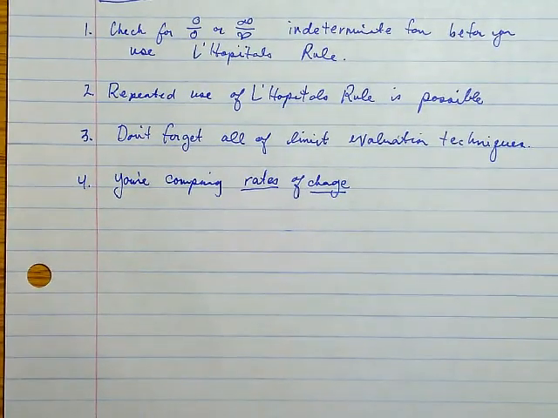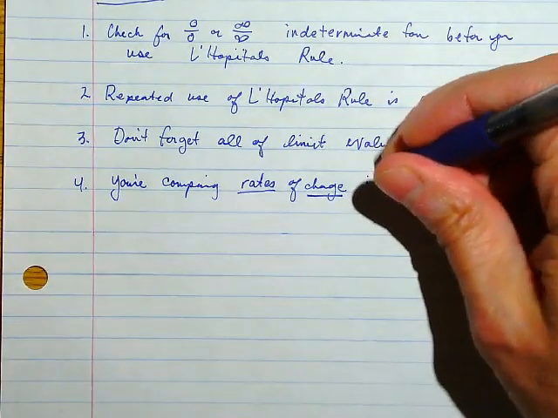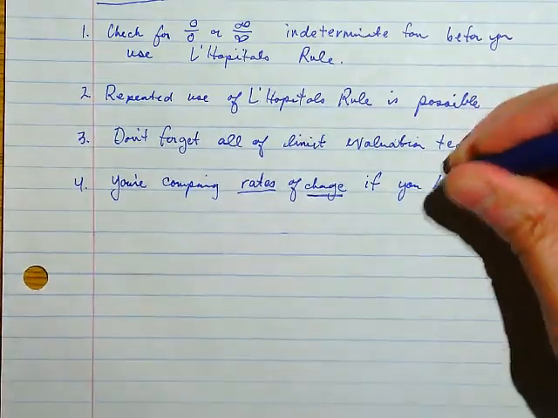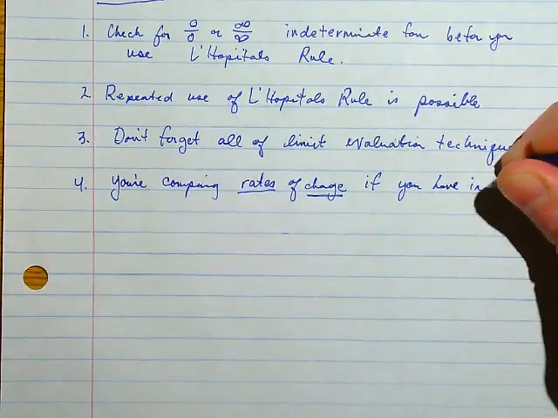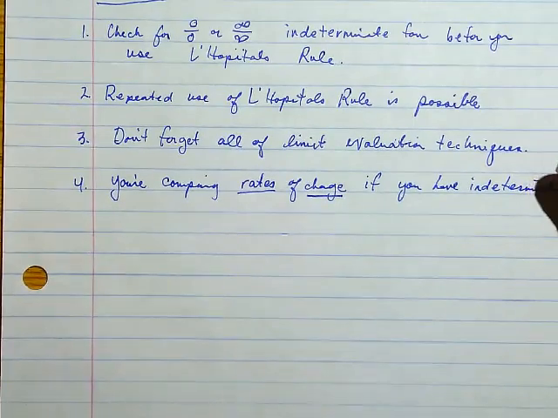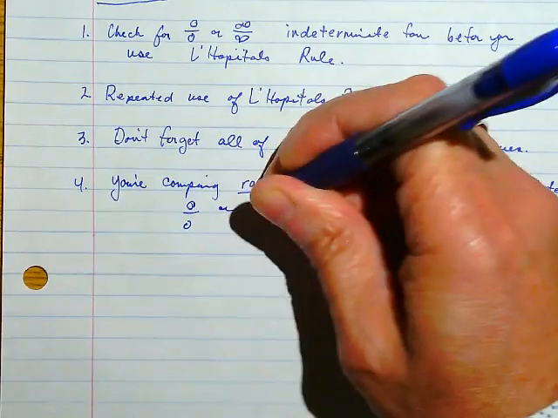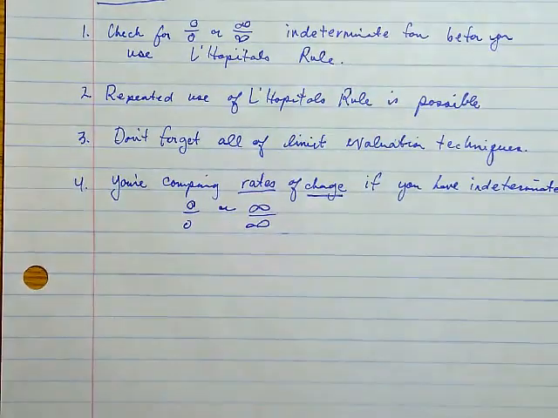That's the slope of the tangent line, etc. If you have the indeterminate form, 0 over 0 or infinity over infinity.